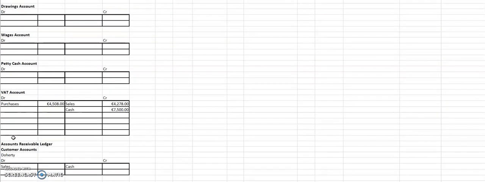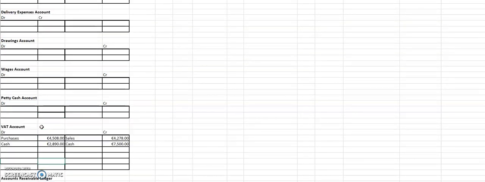So down to the VAT account. It's come from the cash book. So 2,890. Yep. Next we had rent, 6,000. The debit side as well, rent. So from the cash book, 6,000.